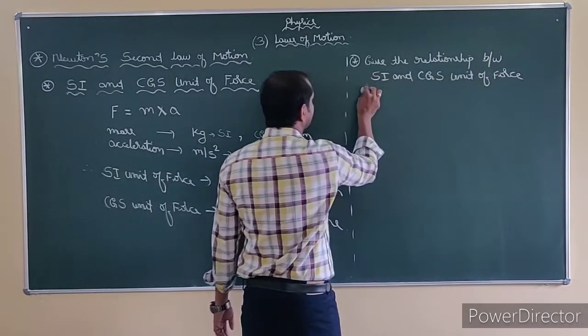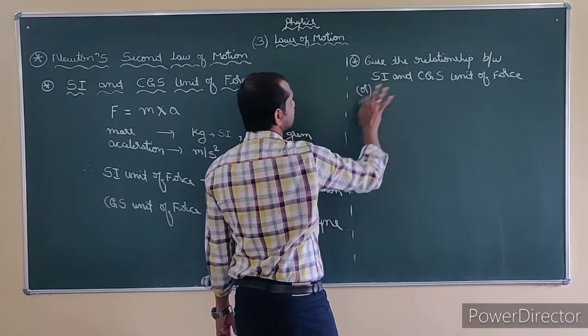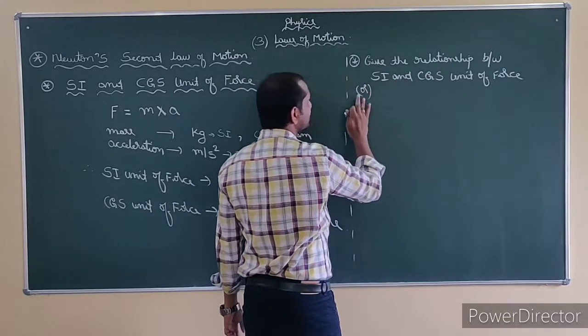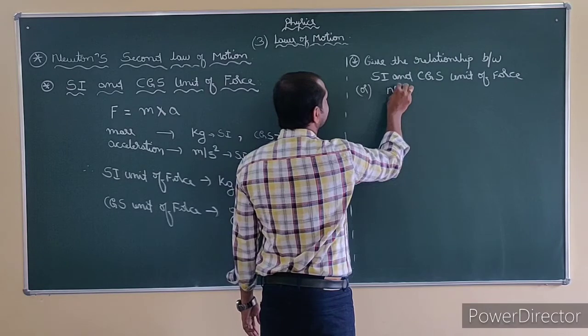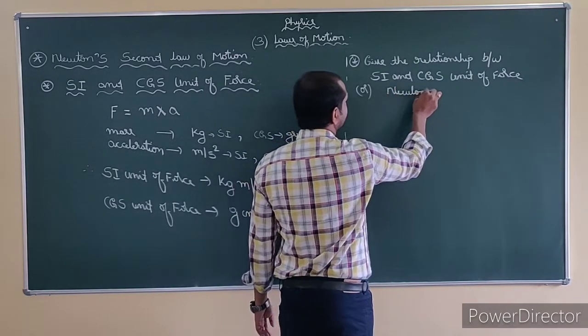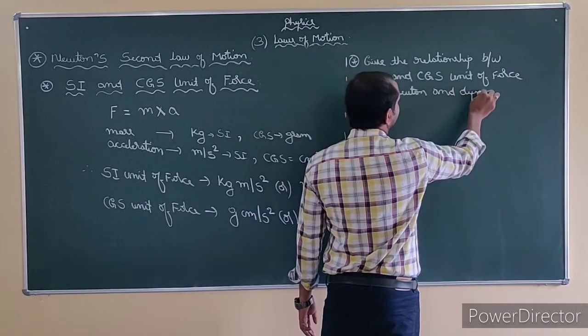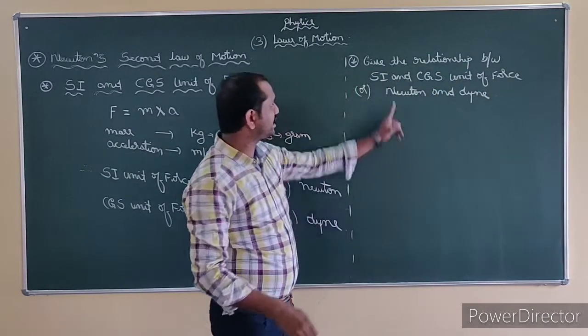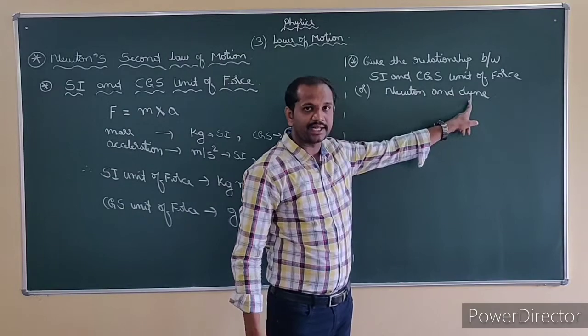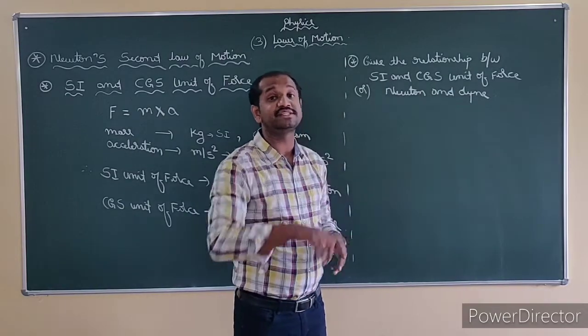Or how they ask the question is, give the relationship between SI and CGS unit of force, or Newton and dyne. We have to give the relationship. What is the relationship between Newton and dyne? The question is same. Sometimes they will twist the question.